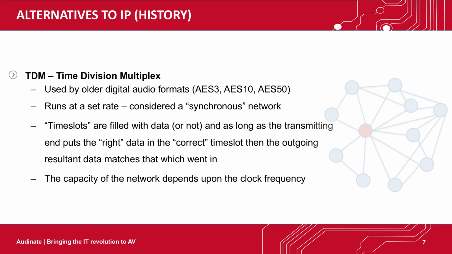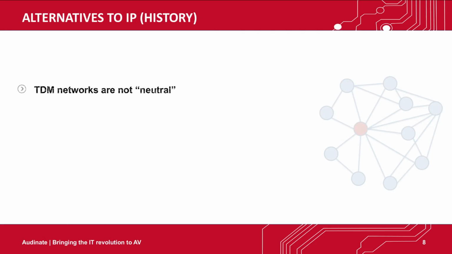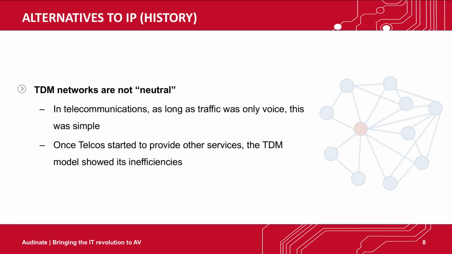The capacity of the network depends on the clock frequency. Unlike IP networks, TDM networks are not neutral. In telecommunications, as long as the traffic was only voice, this was simple. But once they started to provide other services, the TDM model started to show its inefficiencies.